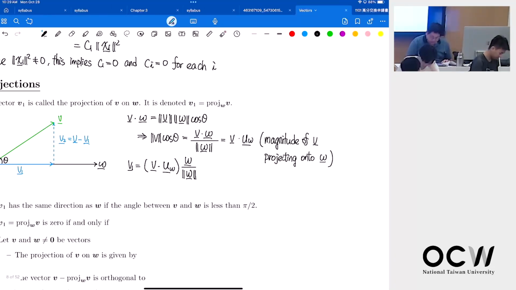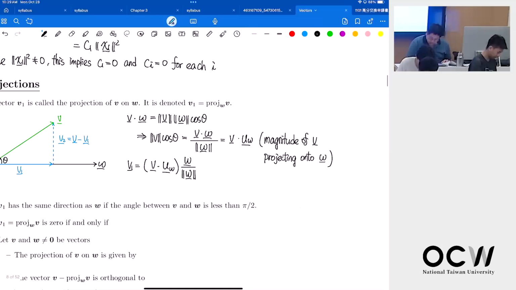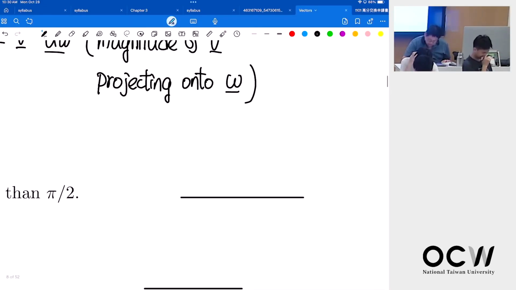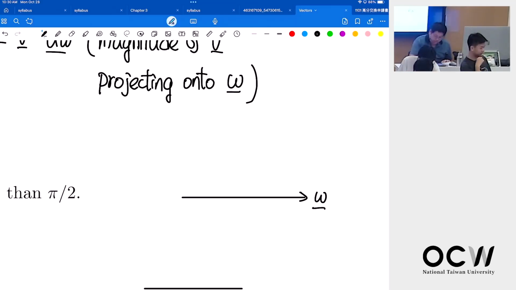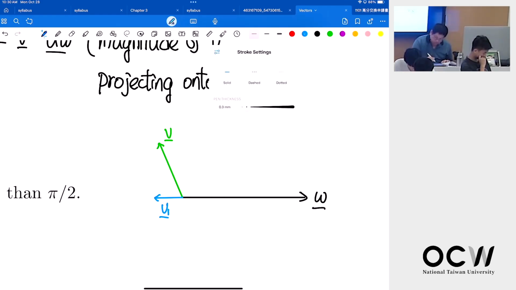So if w is still here, and your vector v, the angle is greater than 90 degrees, so the direction of v1 is in the opposite way. This is v1. And of course we still have v2.